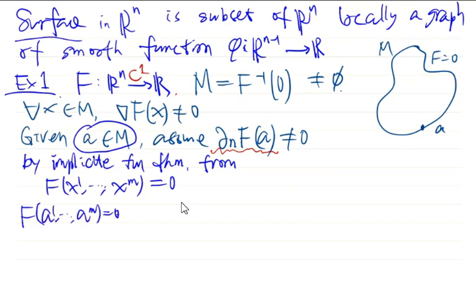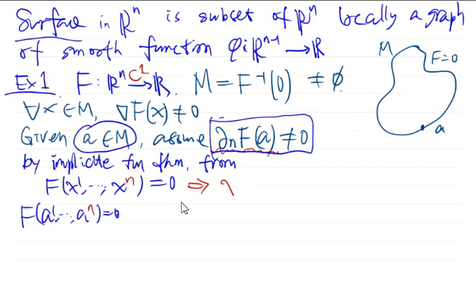Okay, but the partial derivative with respect to xn is not 0, means that from this equation we can obtain... sorry, our dimension is wrong. This should be n. We are in Rn, not Rm.